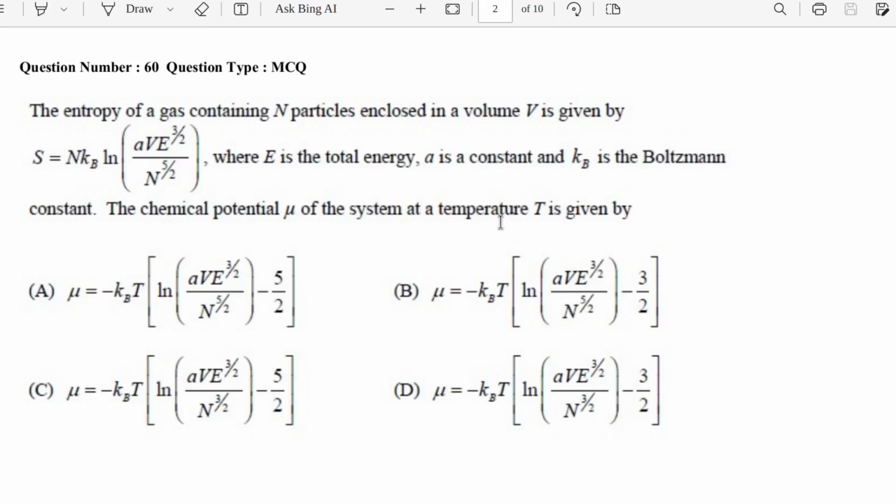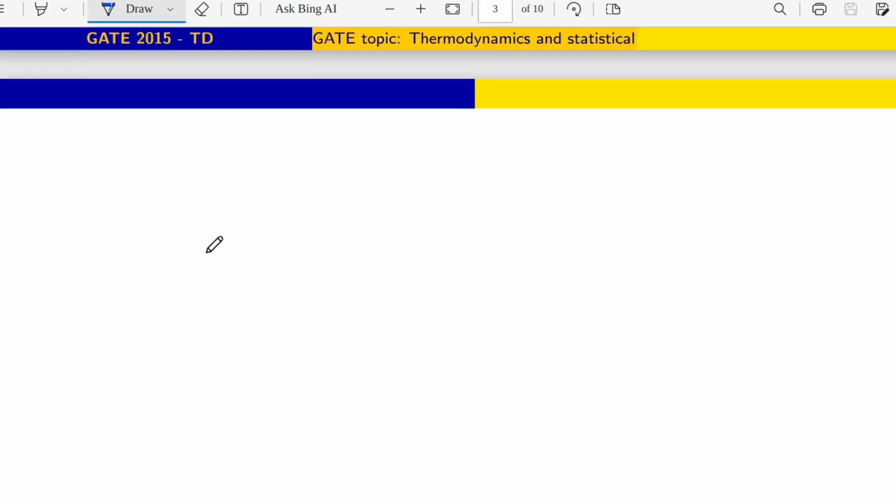they are asking about the chemical potential mu, and they have given the entropy of that gas which contains n particles in a volume V, and the entropy is given here as n kB ln[AV E^(3/2) / n^(5/2)]. So let's start the solution.